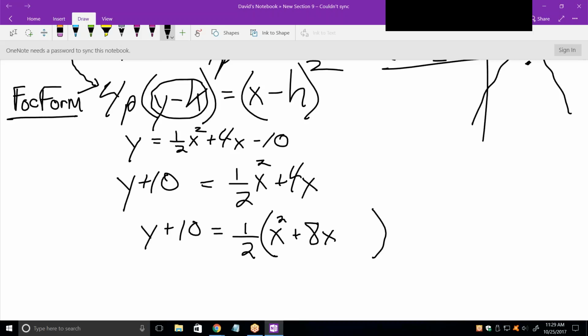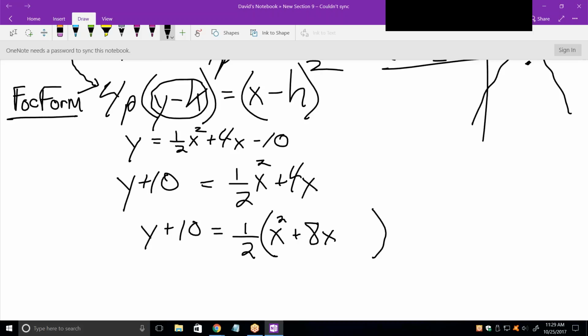Where did the 8x come from? Well, 1/2 times 8x is 4x. So what I really did was I divided both terms by 1/2. When you factor, what we're doing is, it's not quite a greatest common factor, it's the greatest common number. And it's not even that.